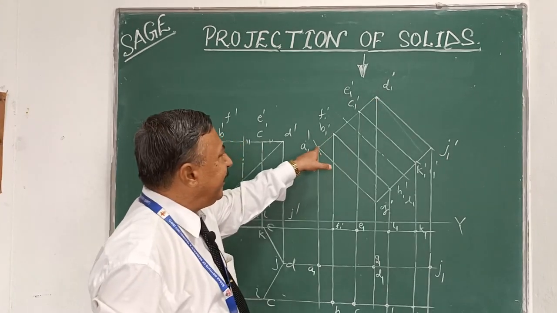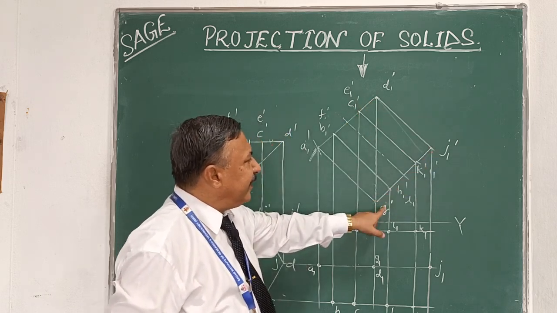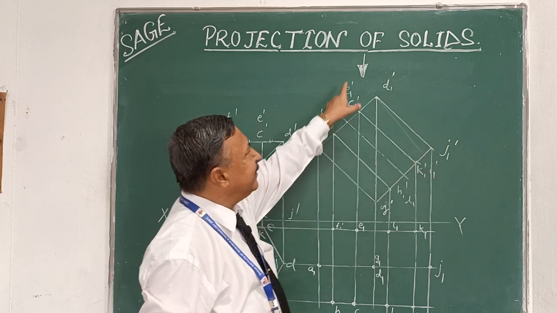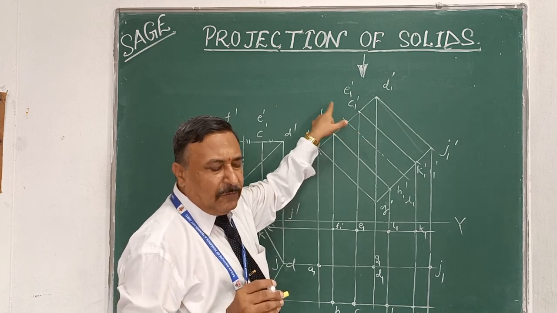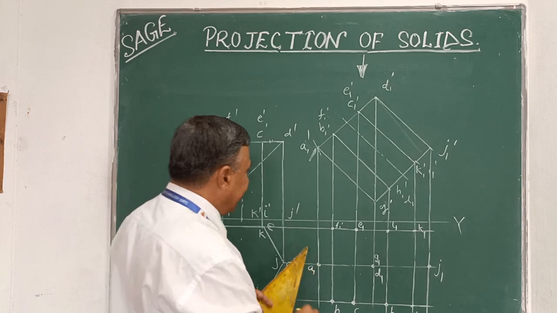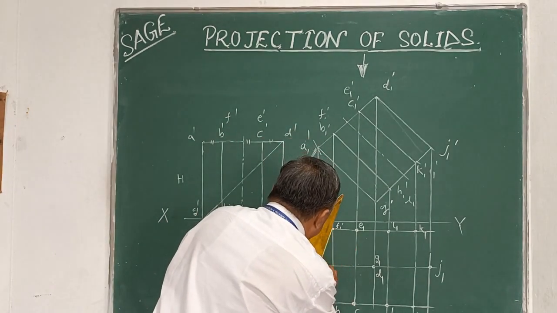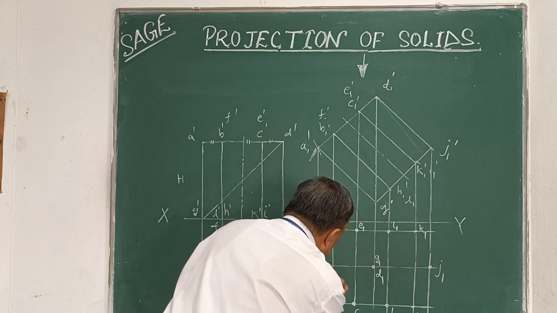This is the base A, B, C, D, E. And this is the base G, H, I, J, K, L. Now this base is nearer to the observer, so it is always visible. So first of all we complete this base which is visible. So we darken the A, B, C, D, E.